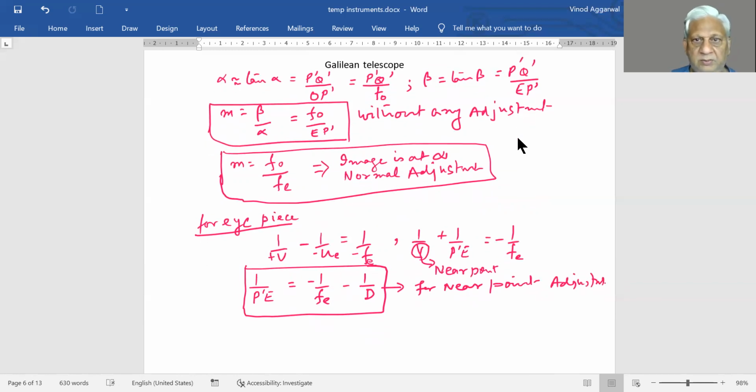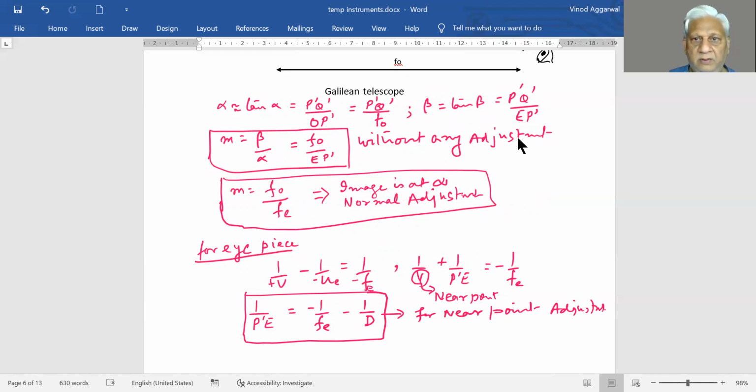Now let's substitute this in our original formula, which was without any adjustment. So M is equal to FO by EP dash, and we substitute EP dash from here.